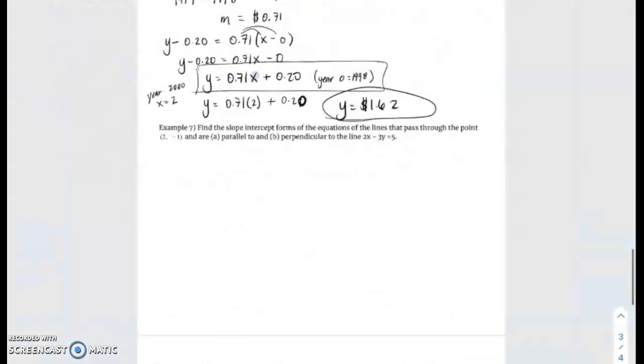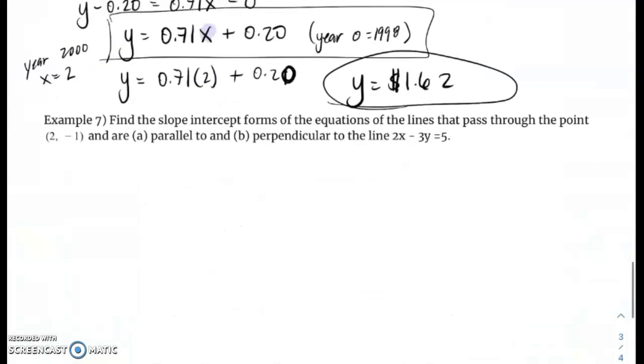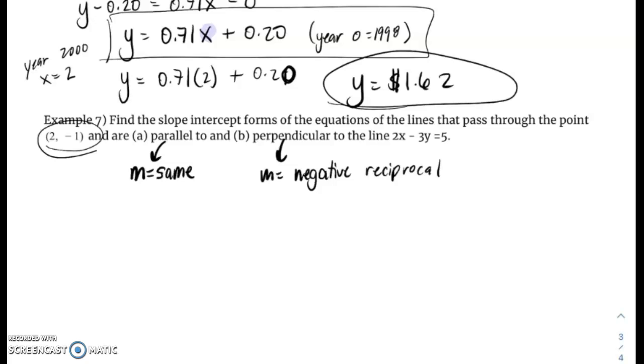Okay, in example 7, last one, we are looking at parallel and perpendicular slopes. Parallel, the slope is the same. Perpendicular, the slope is the negative reciprocal. They give you a point, and they give you a line.